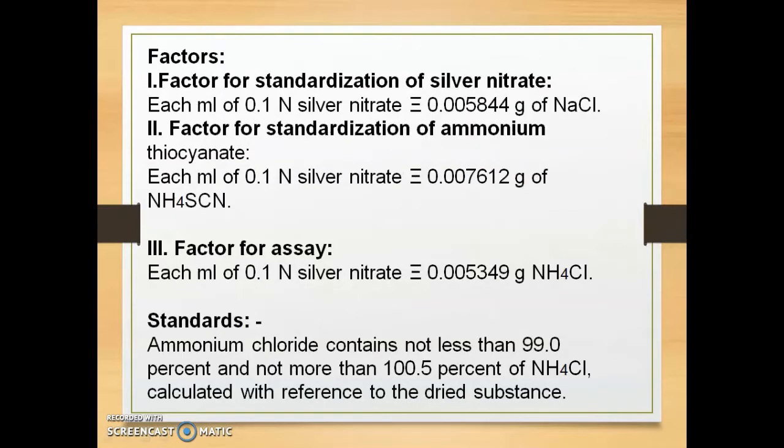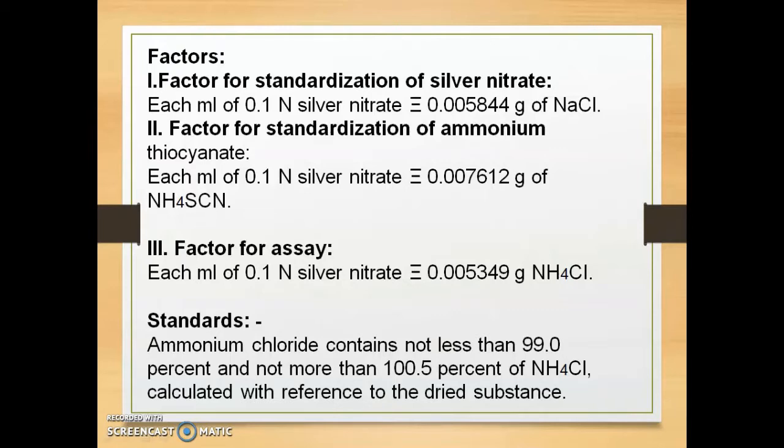Factors: the factor for standardization of silver nitrate: each ml of 0.1 normal silver nitrate is equivalent to 0.005844 gram of NaCl. Factor for standardization of ammonium thiocyanate: each ml of 0.1 normal silver nitrate is equivalent to 0.007612 gram of ammonium thiocyanate.